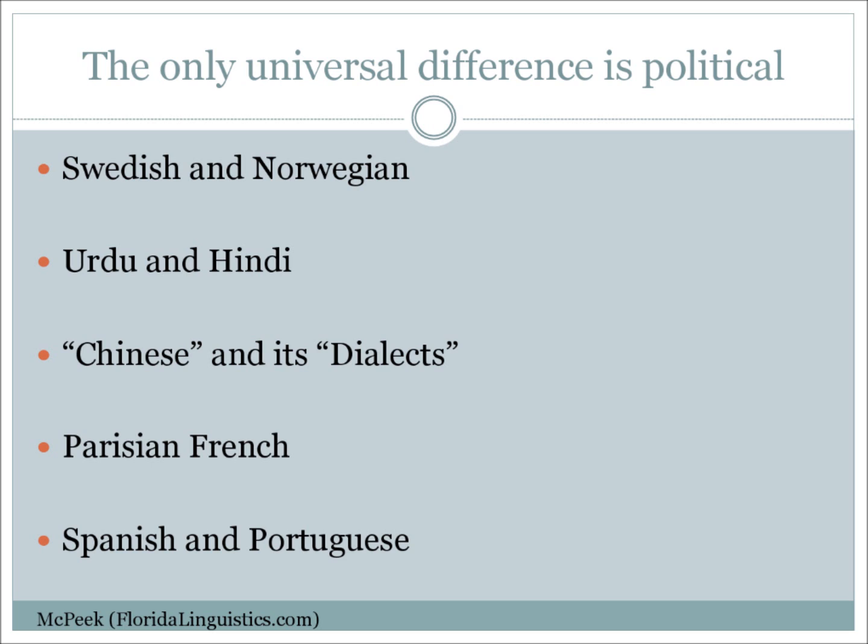Similarly, there are other studies that have shown that Spanish speakers can read Portuguese with a 90% or higher comprehension rate. This would normally be regarded by most people as evidence that these are dialects of the same language and not separate languages. However, there would be a severe emotional response for many people to consider Spanish and Portuguese to be dialects of the same language rather than separate languages in their own right.